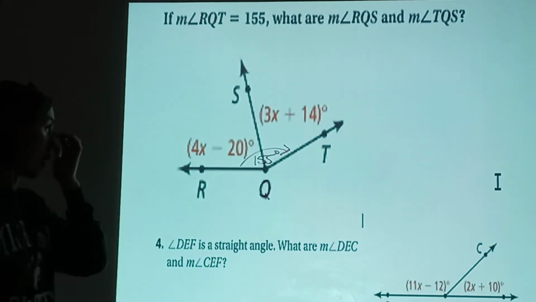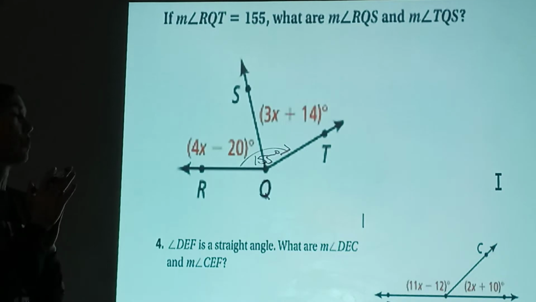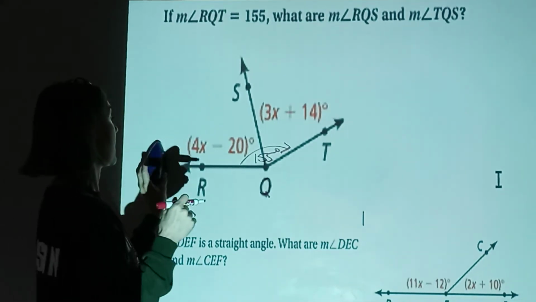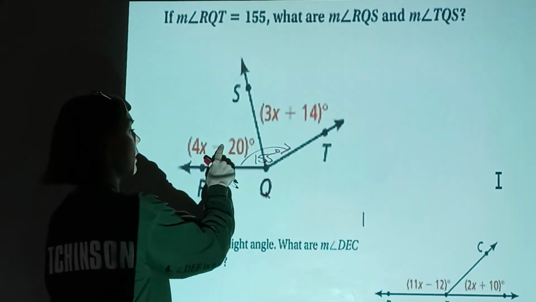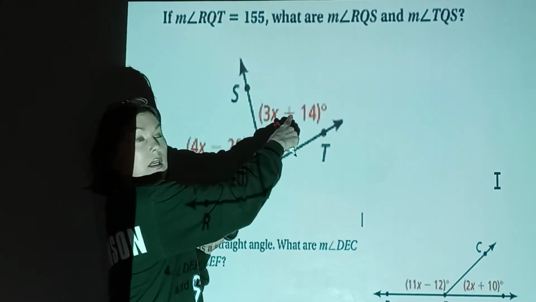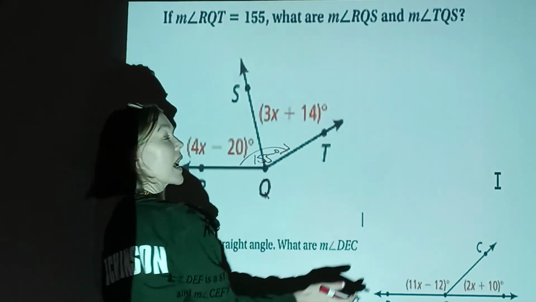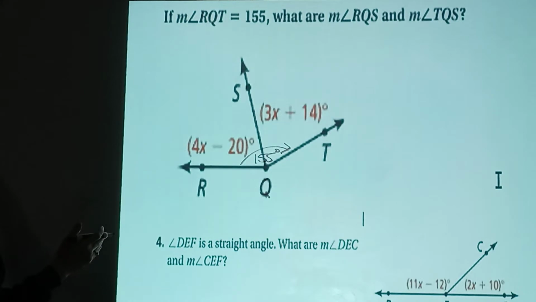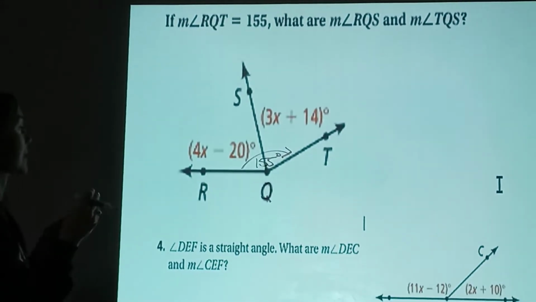All right. So how are we going to do that? Well, you know that this angle plus this angle equals the entire angle. Are you with me? Okay, so let's set that up together. Let's add them together.